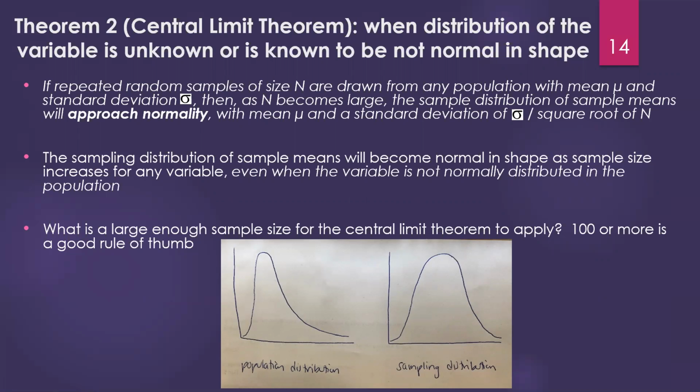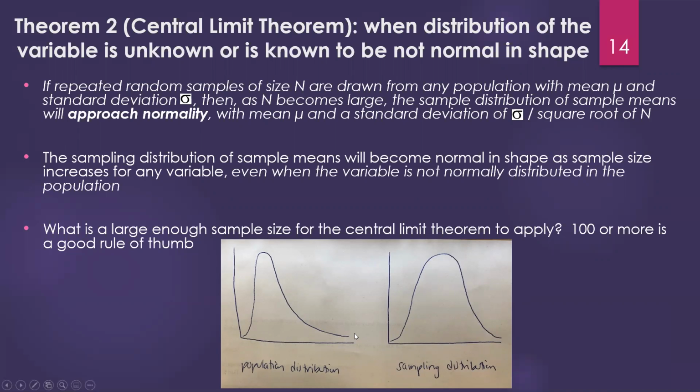The why for this is way beyond the scope of what we cover in this class, and can't be explained well at this level. But these are important statistical theorems to know: even if the population distribution is not normal, if we take enough Epsom samples, the sampling distribution will look normal. And this is called the central limit theorem.